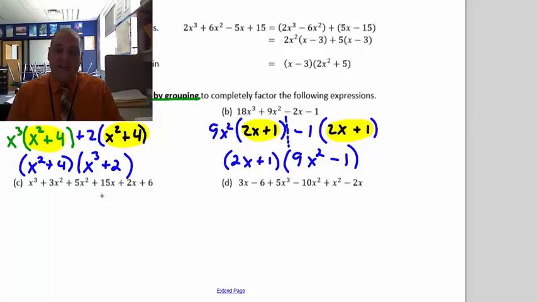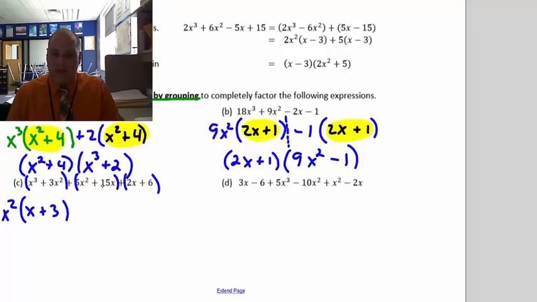All right, now, these are a little longer, but it's the same idea. Okay, pair them up. All right, what's a common factor here? X squared. What's left over? X plus 3.